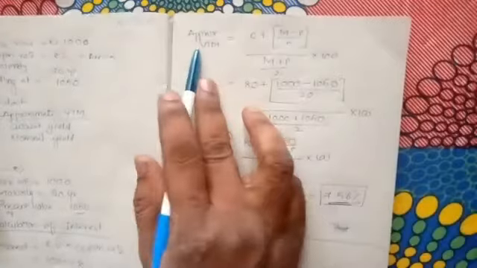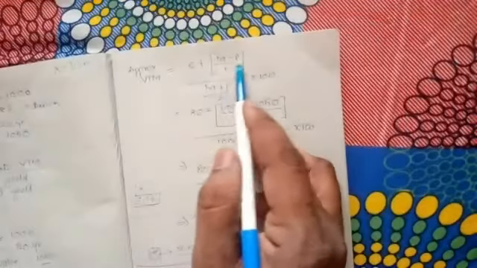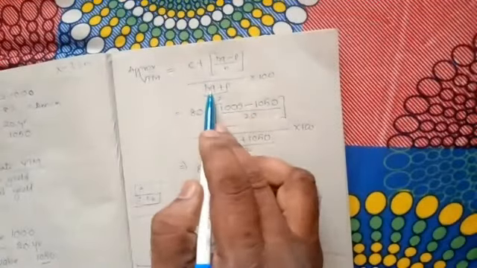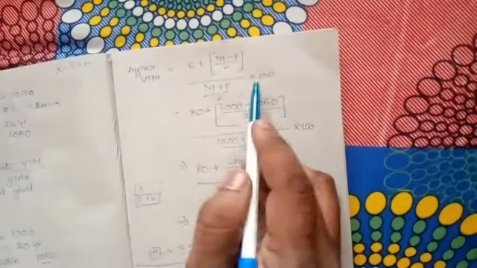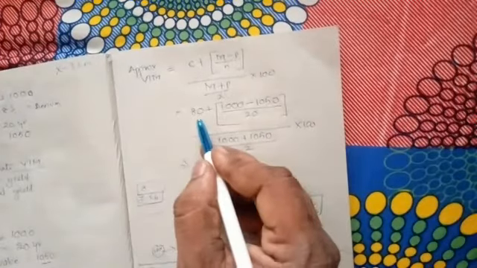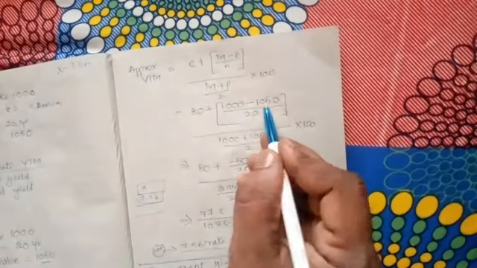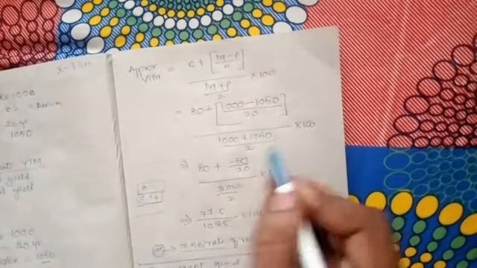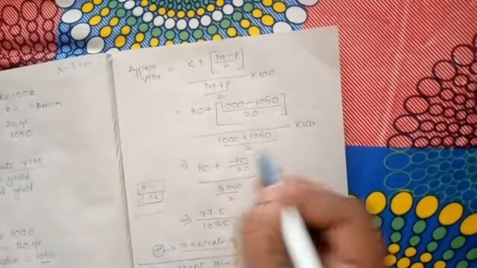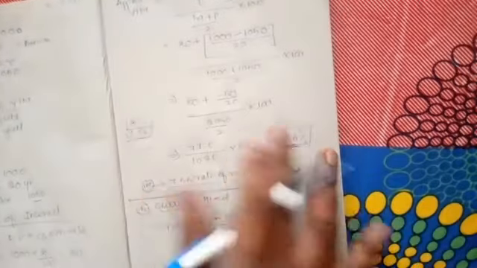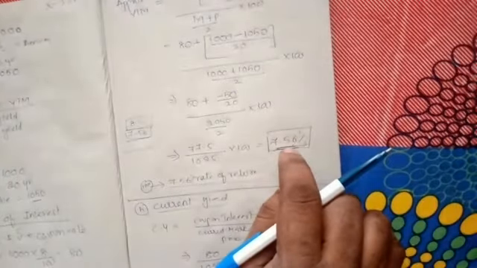What is the approximate YTM? The formula is C plus M minus P divided by N, whole divided by M plus P divided by 2, into 100. When we put that into the formula, 80 plus 1000 minus 1050 divided by 20, whole divided by 1000 plus 1050 divided by 2, into 100. When you simplify this, we get 7.56.